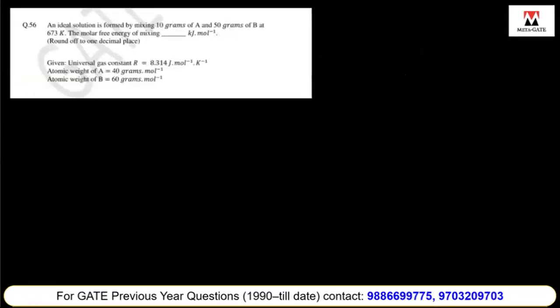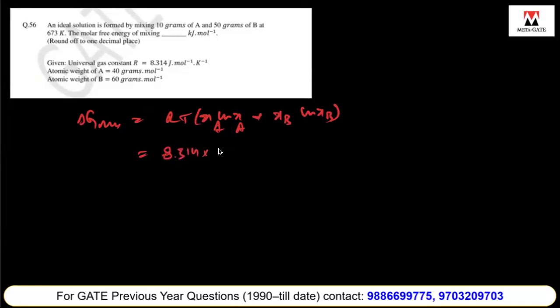An ideal solution of 10 grams A and 50 grams B at 673 Kelvin, the molar free energy of mixing is given by delta G mixing equal to RT (XA ln XA plus XB ln XB), which is given by 8.314 into temperature, given as 673 Kelvin.